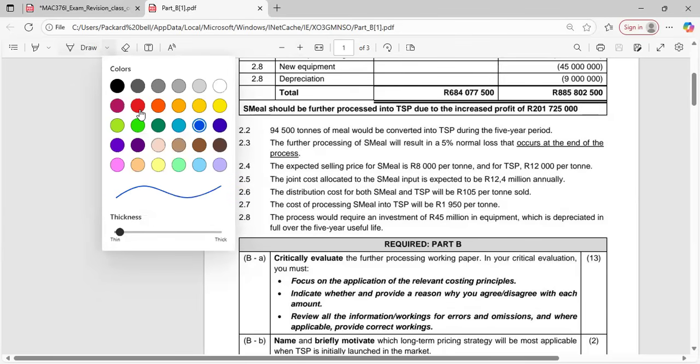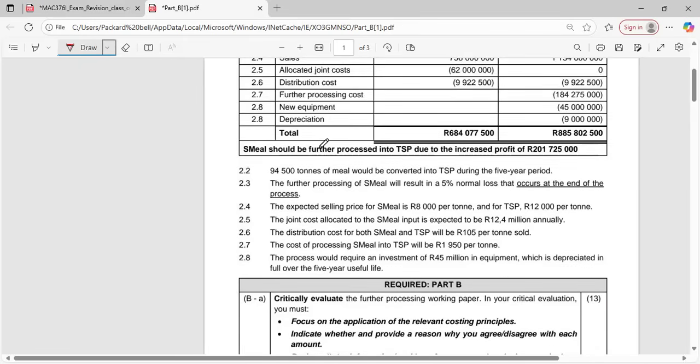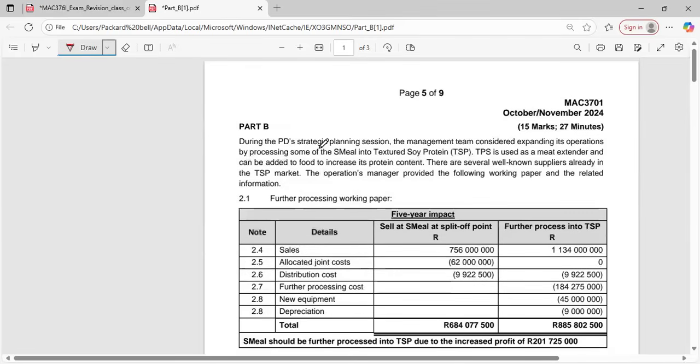Right. I want us to look at this other one. Now we've done that one together. Let's come to this part B. Let me share part B. Part B is going to test your understanding of the topic that we were doing.